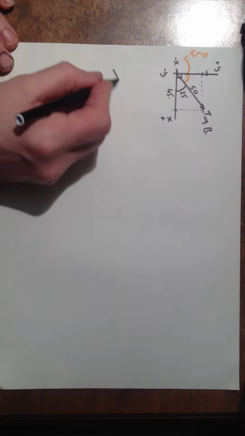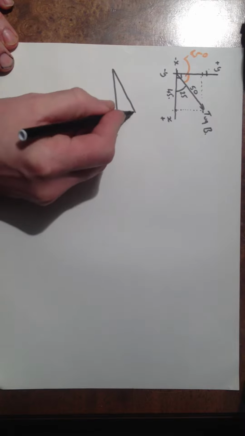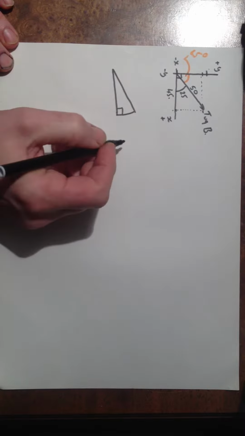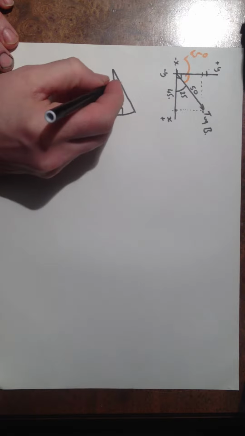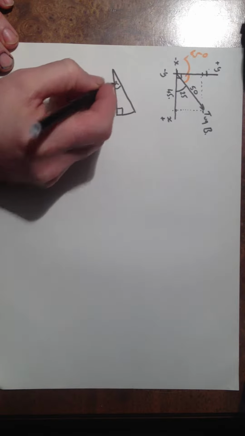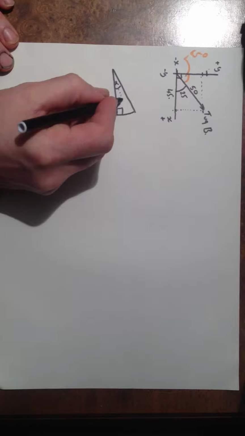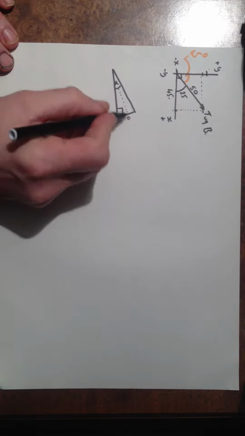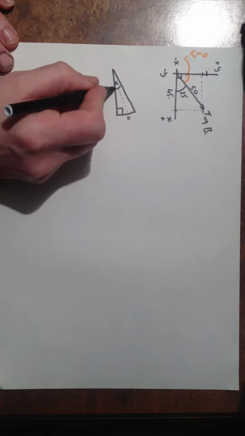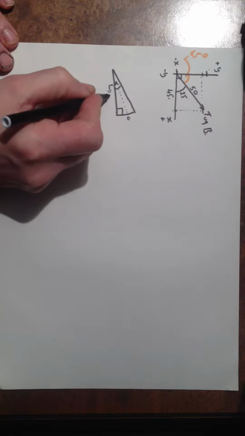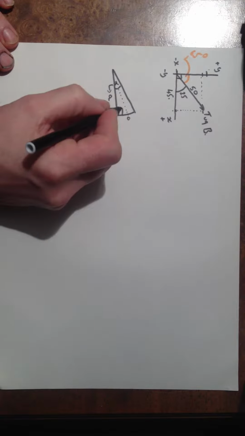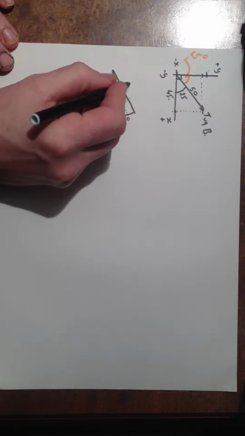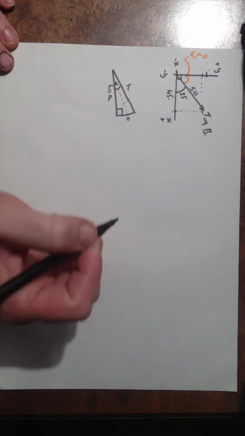So if I just redraw this triangle again, there's our right angled triangle. Here's our alpha, which is 25, and we're working out again, that's our opposite, because it's opposite the angle. This angle adjacent to it is there, and of course opposite the 90 degrees is our hypotenuse.